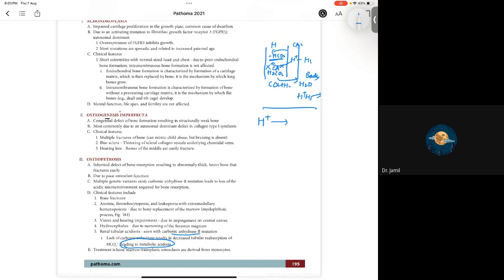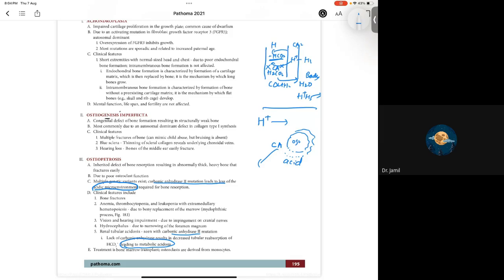Okay, perfect. And another thing we should focus on here: carbonic anhydrase 2 mutation would lead to loss of the acidic microenvironment. It means that carbonic anhydrase makes the surrounding of your osteoclast acidic, and you need that microenvironment to be acidic. It has nothing to do with the macro environment, metabolic acidosis.